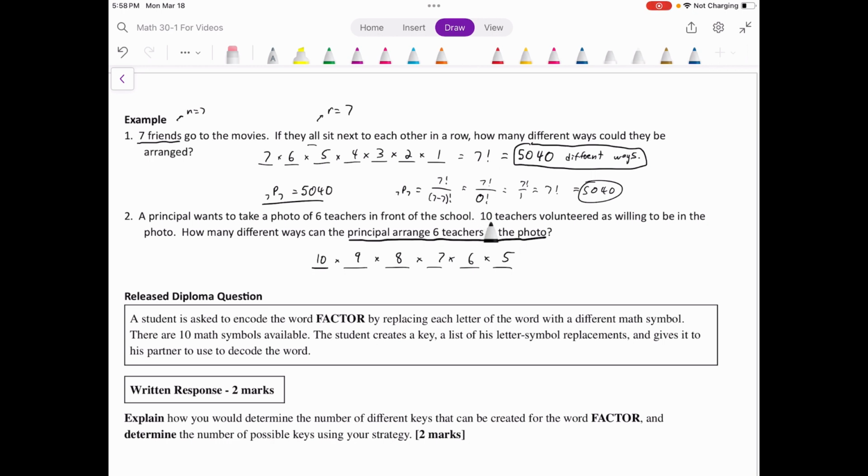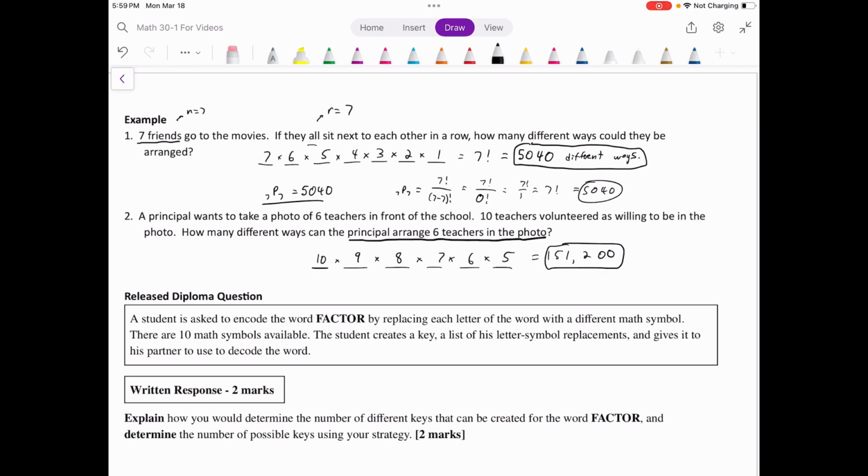Because it's not just 6 options and we're left with 1. We could put different teachers in each of these spots, leaving us with, even by the time we get to the end, 5 different teachers we could put there, right? So 10 times 9 times 8 times 7 times 6 times 5 gives me 151,200 different possible ways, right?